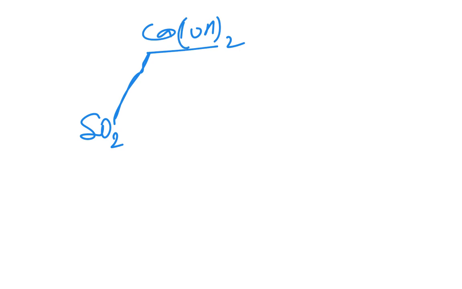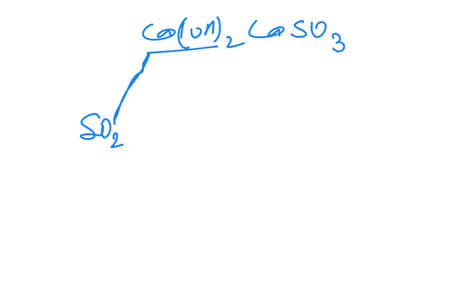Then next are other reactions. Sulfur dioxide reacts with calcium hydroxide and forms CaSO3.